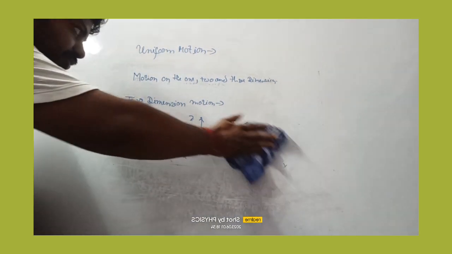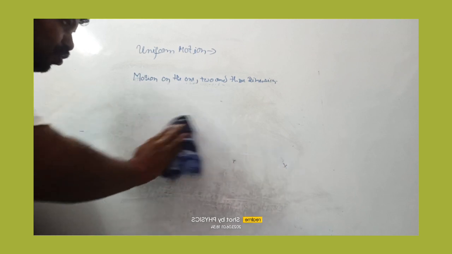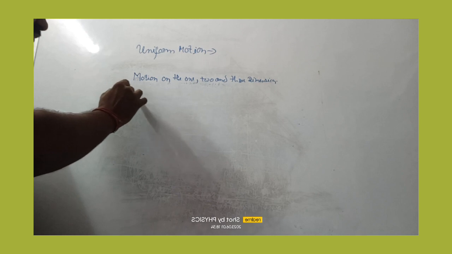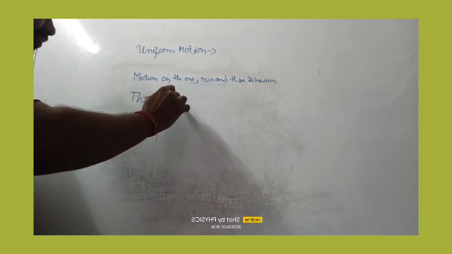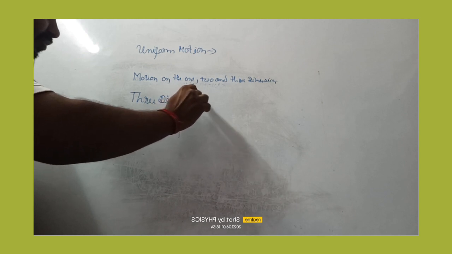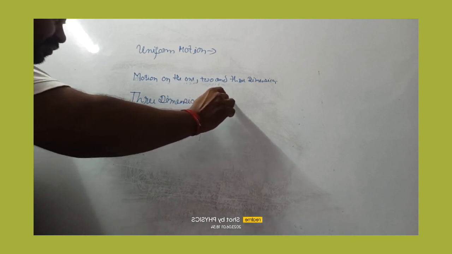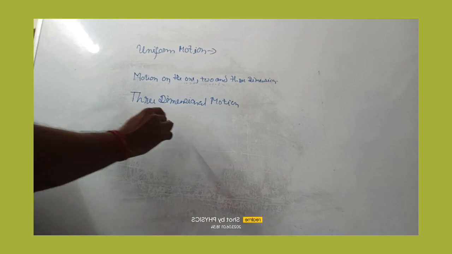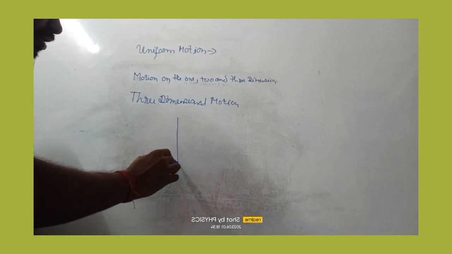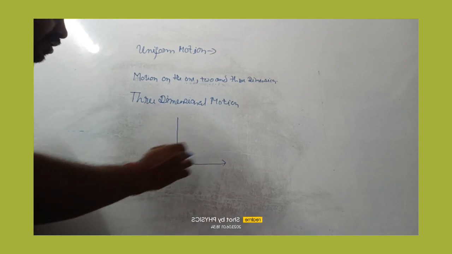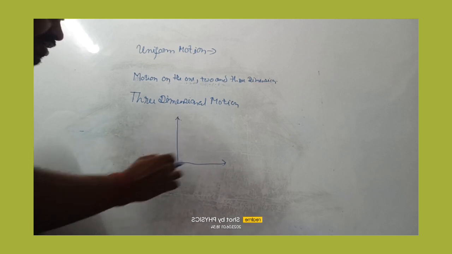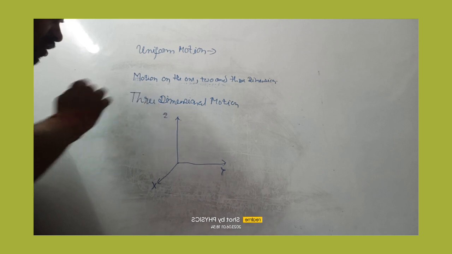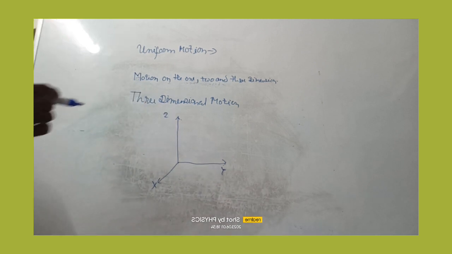Now, three-dimensional motion. In that case, we consider the right-hand Cartesian coordinate system consisting of the three axes x, y, and z.